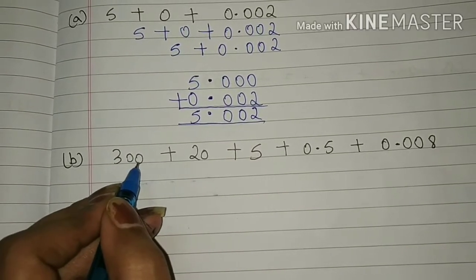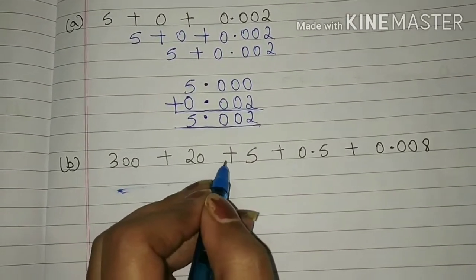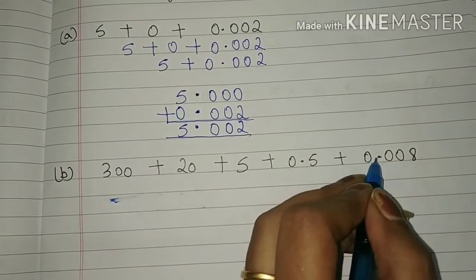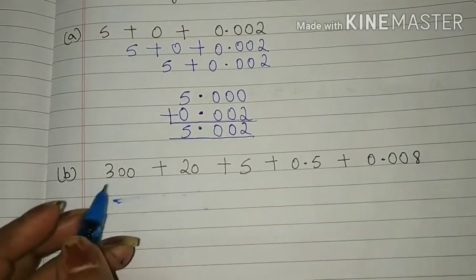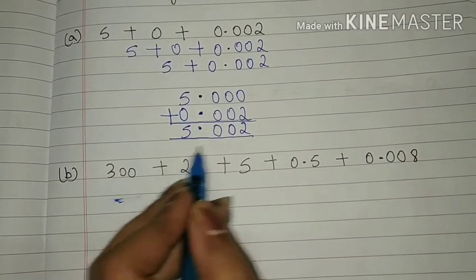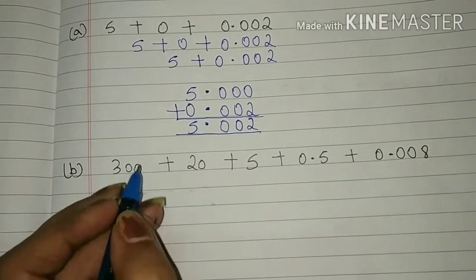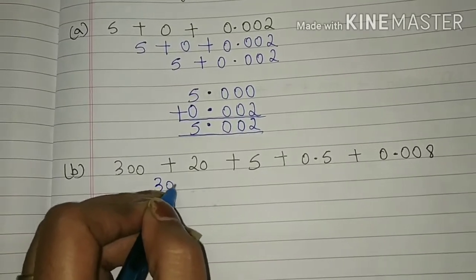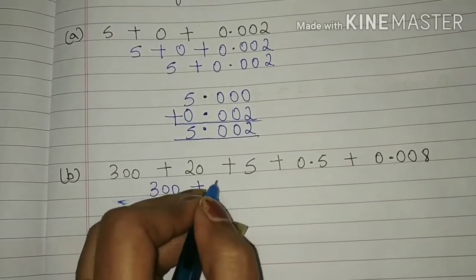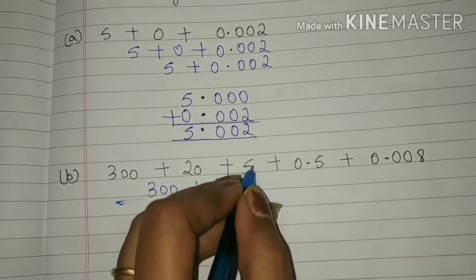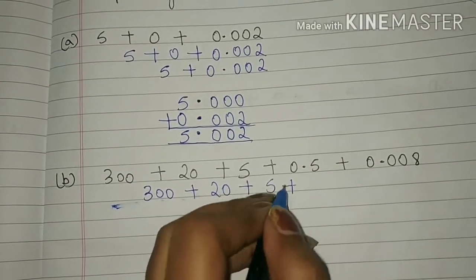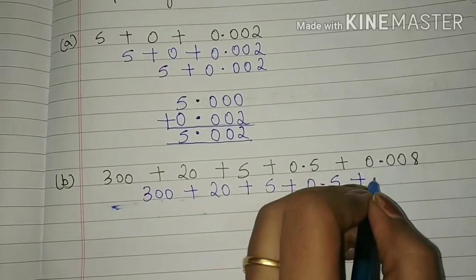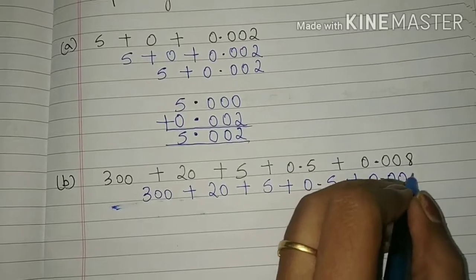Question is 300 plus 20 plus 5 plus 0.5 plus 0.008. Students, we will add all these numbers. First of all, we will copy down the question here. 300 plus 20 plus 5 plus 0.5 plus 0.008.